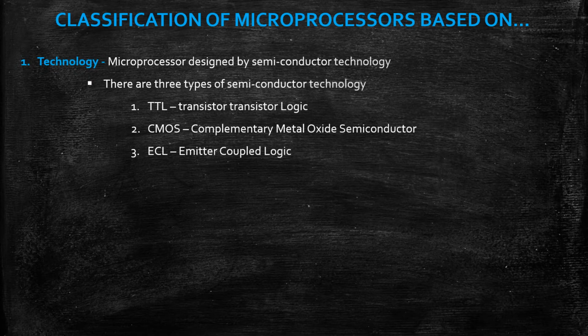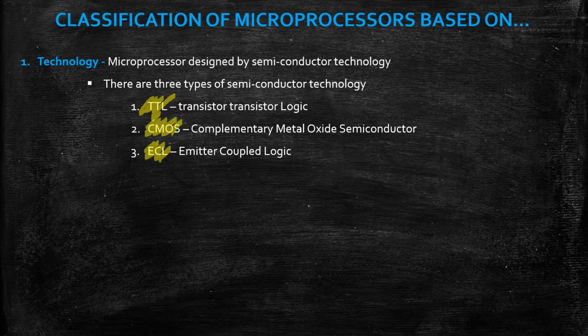Based on the technology, we basically have three different technologies we normally use in the manufacturing of microprocessors. Normally, microprocessors are designed by semiconductor technology only, and the semiconductor technologies are nothing but TTL, then we have CMOS, and then we have ECL, right?